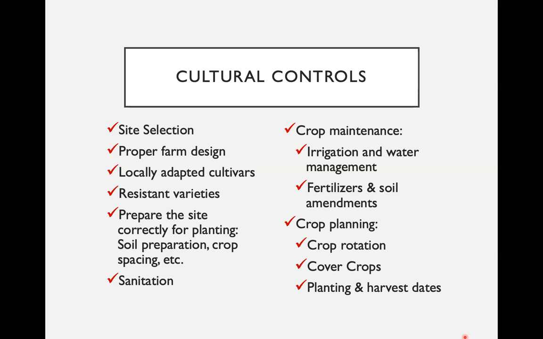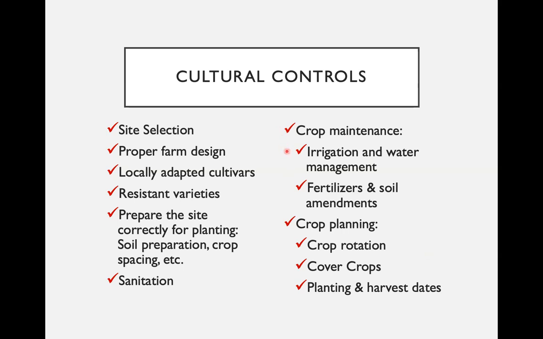Sanitation can mean everything from starting with disease-free seeds, so buying seeds from a reputable seed source that has tested for, say, seed-borne viruses and diseases, or making sure that you clean your tools after every use to avoid transferring things like soil-borne fungi, bacterial diseases, even nematodes from one bed to another. That's what we mean by sanitation.